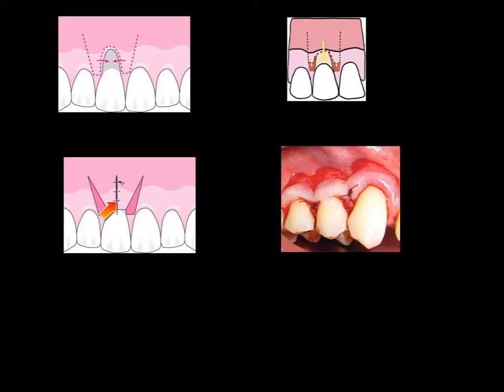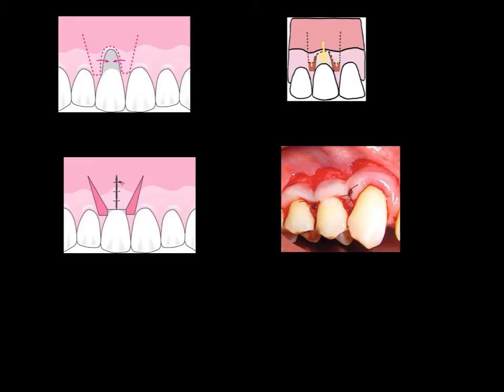The two papillae are repositioned and placed over the exposed root surface and sutured together with fine interrupted sutures. Because this one is separate from that one, we must first suture these papillae with interrupted sutures along the midline of the exposed root surface.